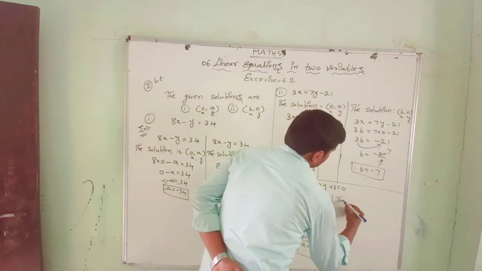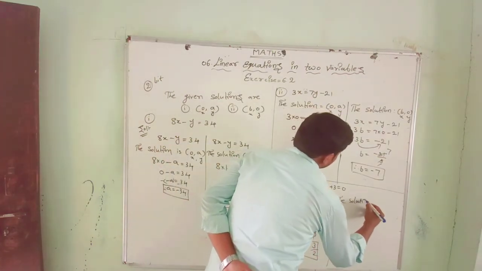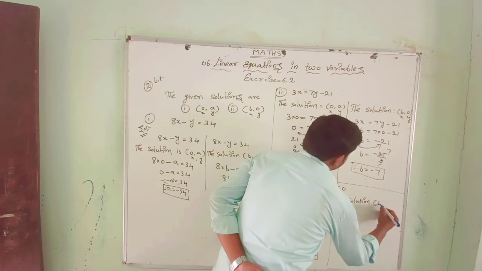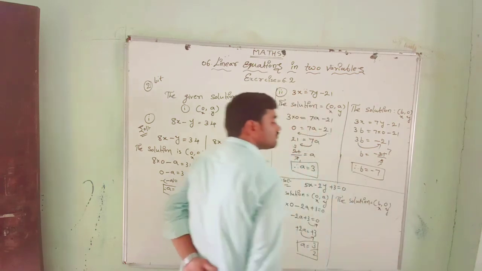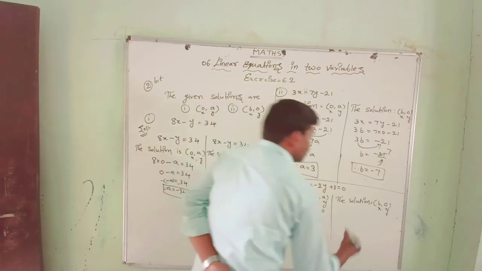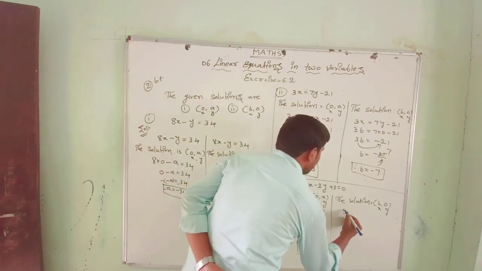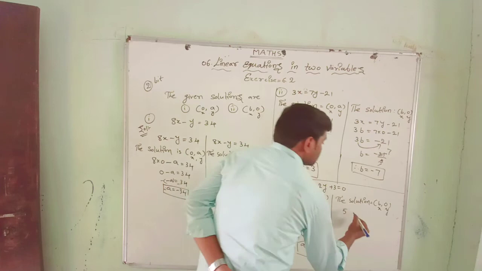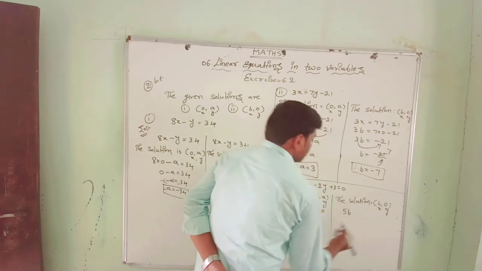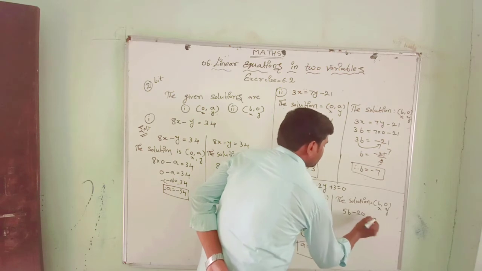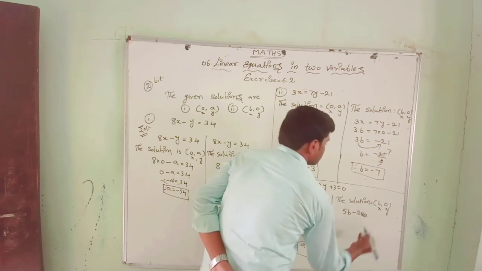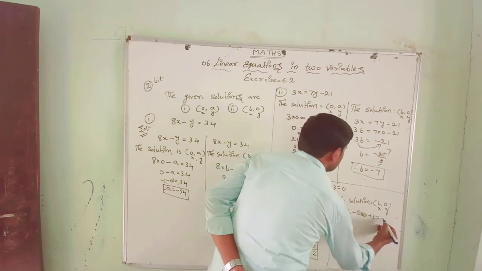Now here the solution given is b comma 0. B is the x value, y value is 0. In this we have to substitute. 5 into b value, that is, x value is b. 5 into b minus 2 into 0 plus 3 equal to 0.